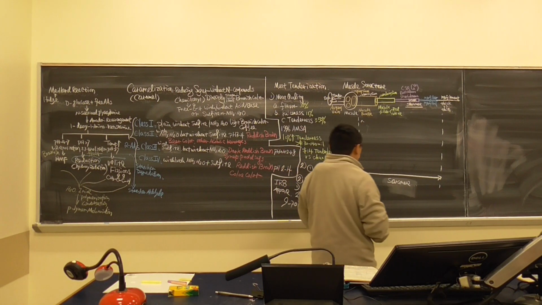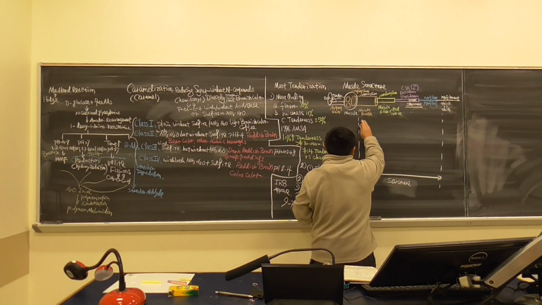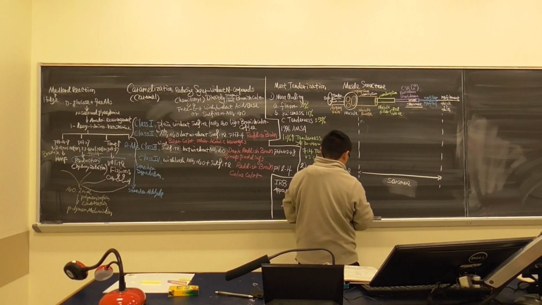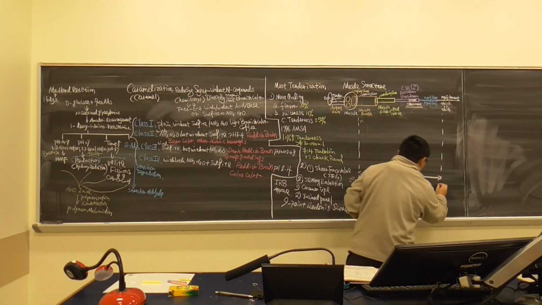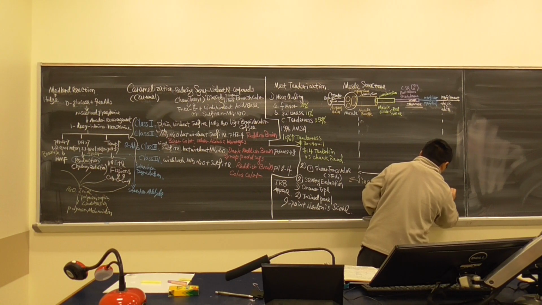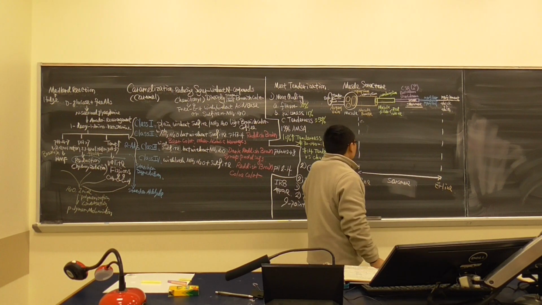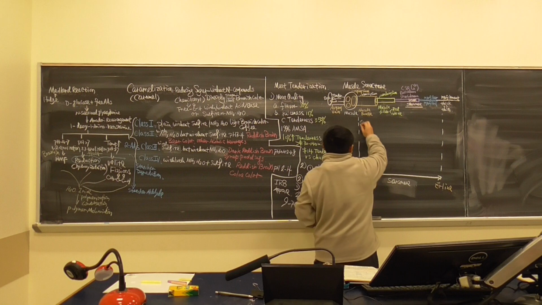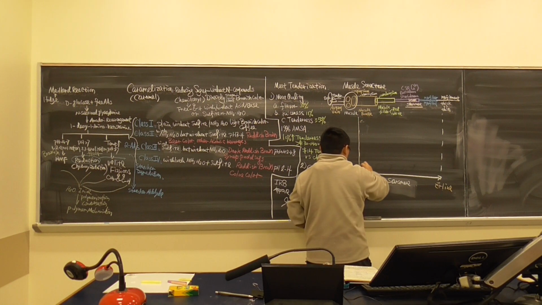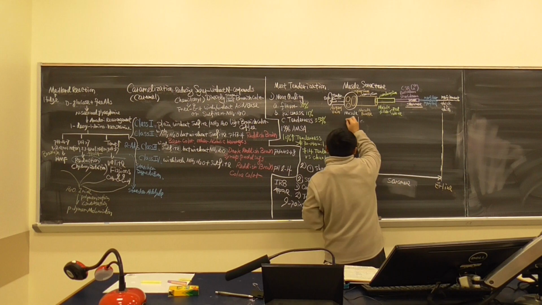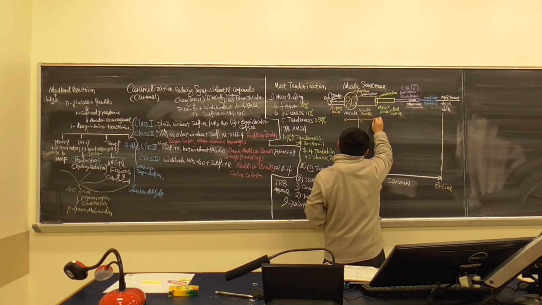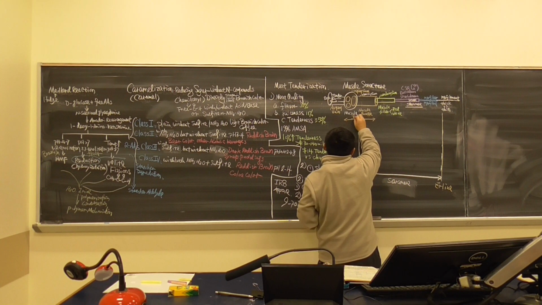Once you have a sarcomere, that means it is the distance between Z lines. Now, what is a Z line? The Z line is the middle line of a band which is called the I band.